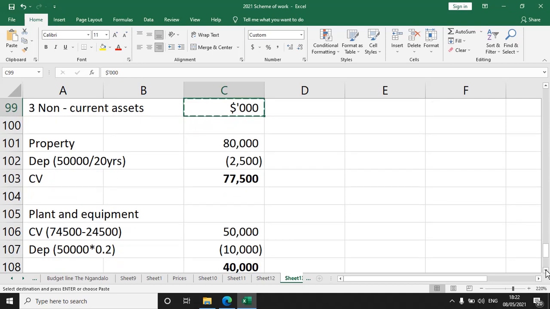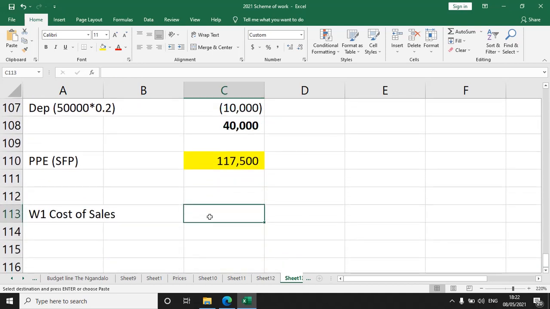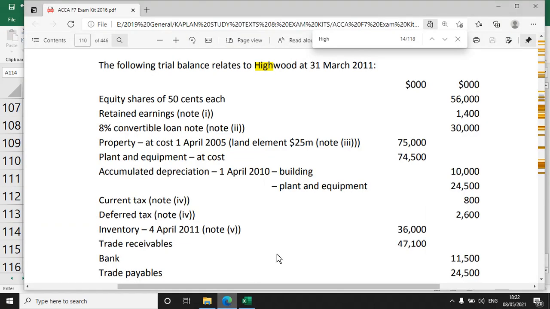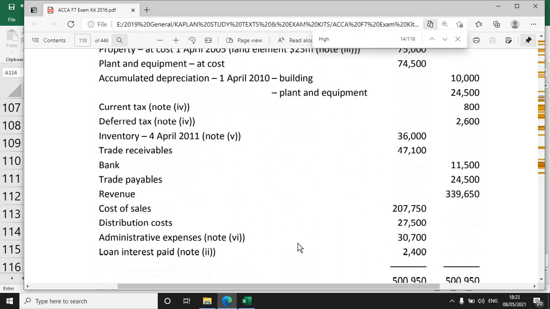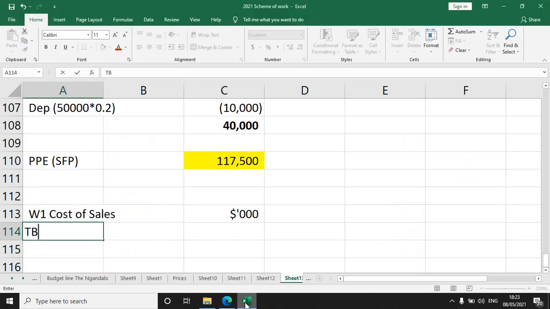Please check your trial balance. I sent you the revision kit, so you need to be counter checking against what I'm doing. In the trial balance, the cost of sales is showing at this one, I think, 207,750. So we can go there, 207,750.